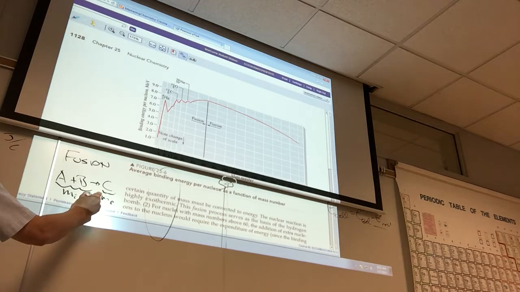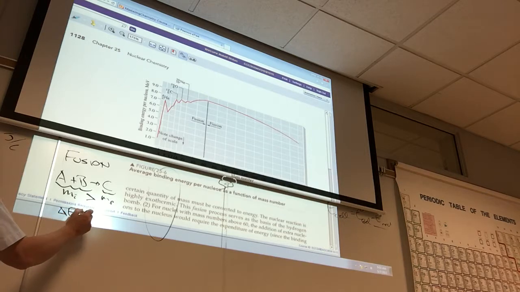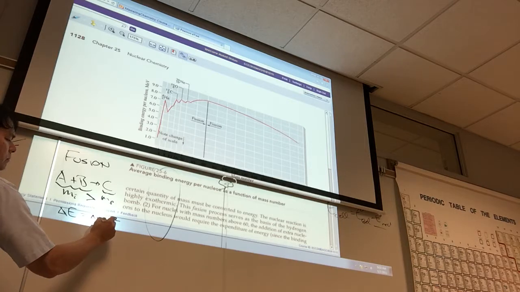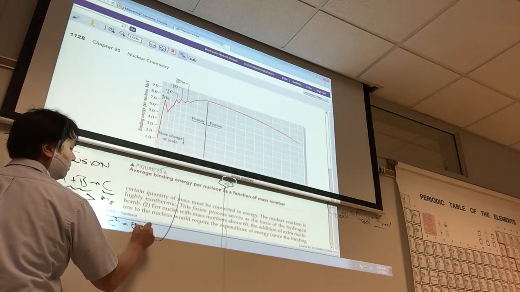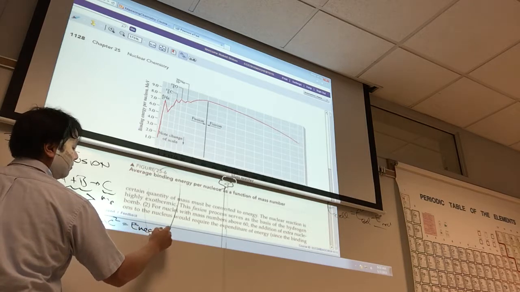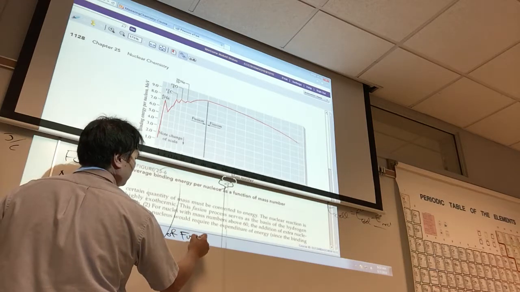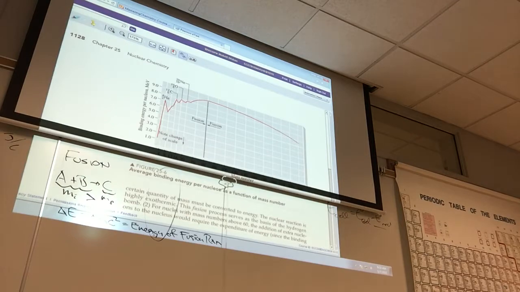Yes. That is, your final mass should be less than your initial mass because some of that mass is going to be converted into energy. And so we can figure out the energy of this reaction. Delta E is equal to delta m c squared. This is the energy of the fusion reaction.